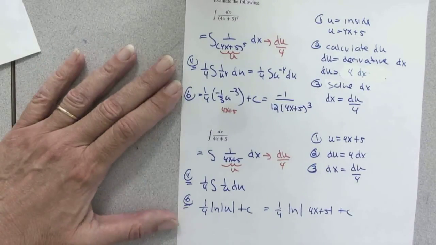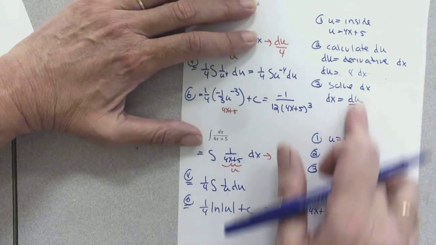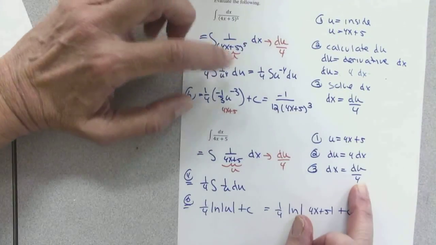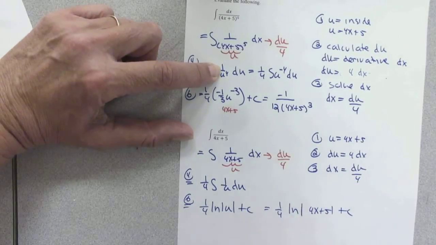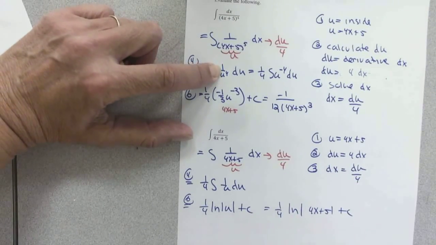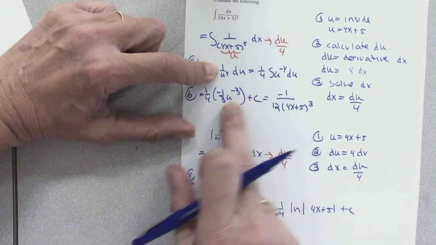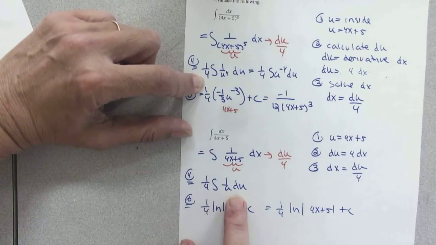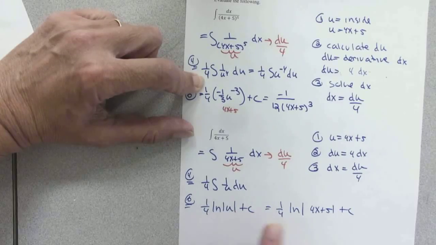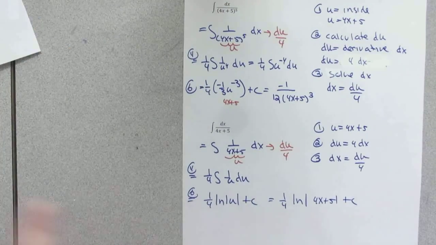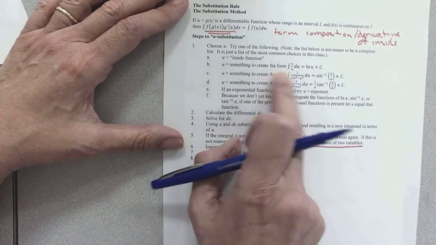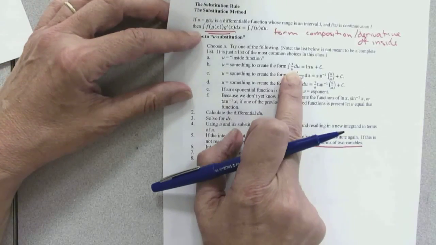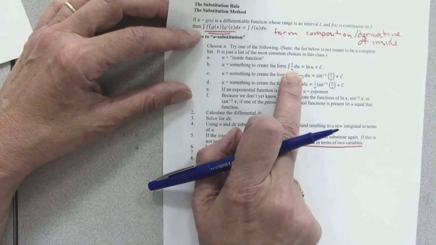And so the real point here is the difference. They both started out the same way. But you've got to remember that when I have 1 over u to any other exponent other than 1, I use a negative exponent and integrate it. But when I can achieve the form 1 over u du, that's the natural log. And that was one of our choices back here when I gave the list of the choices. u equals something to create the form 1 over u du.